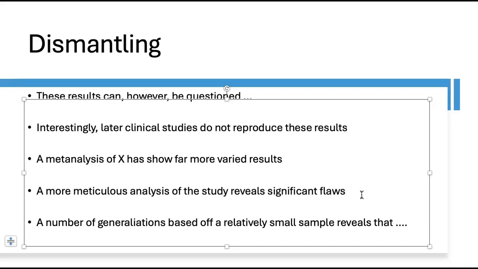So looking at things like sample sizes, etc., and showing in your language that you are aware of these shortcomings or these irregularities in the study is what is so important.